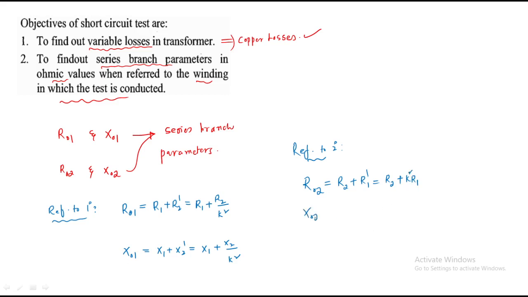Similarly, X02 is equal to X2 plus X1 dash, which is equal to X2 plus X1 into K square. So when this test is conducted on either side, these are the series branch parameters with respect to resistance and reactance. We get the variable losses and these series branch resistances and reactances.